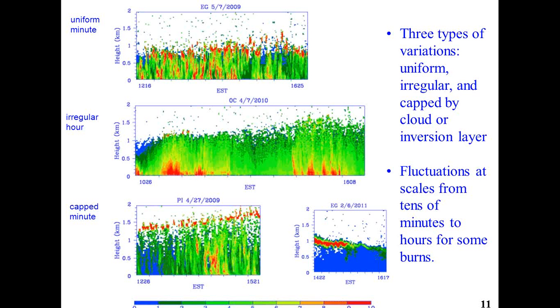This is the signal received by the ceilometer. Basically, there are 3 types of fluctuations changing with time. One is relatively uniform and doesn't change much with time, like the first one you see here, where the time scale is about 7 minutes to less than 1 hour.